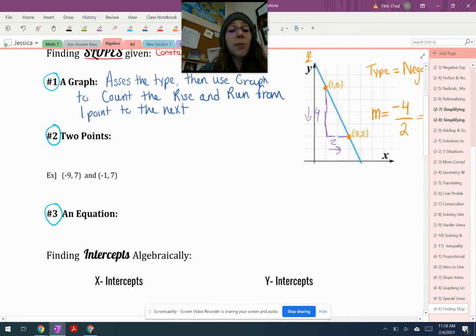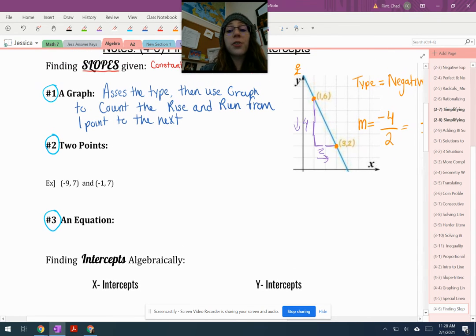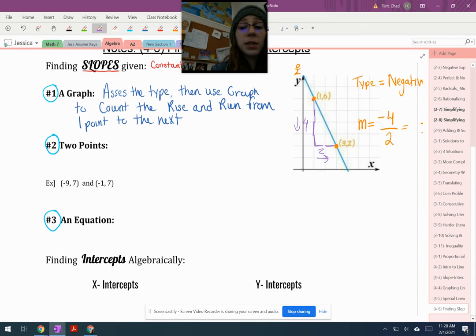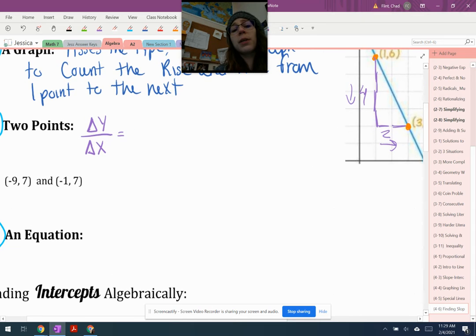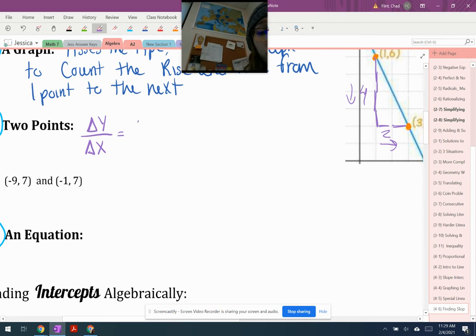Our next option is finding the slope when you're not given a graph, but you're given 2 coordinate points, like in this little baby example down here. If I'm given 2 points to find the slope, you need to do what is called the change in y over the change in x. That's what those little triangles mean. Those triangles are just mathematical shorthand for change.